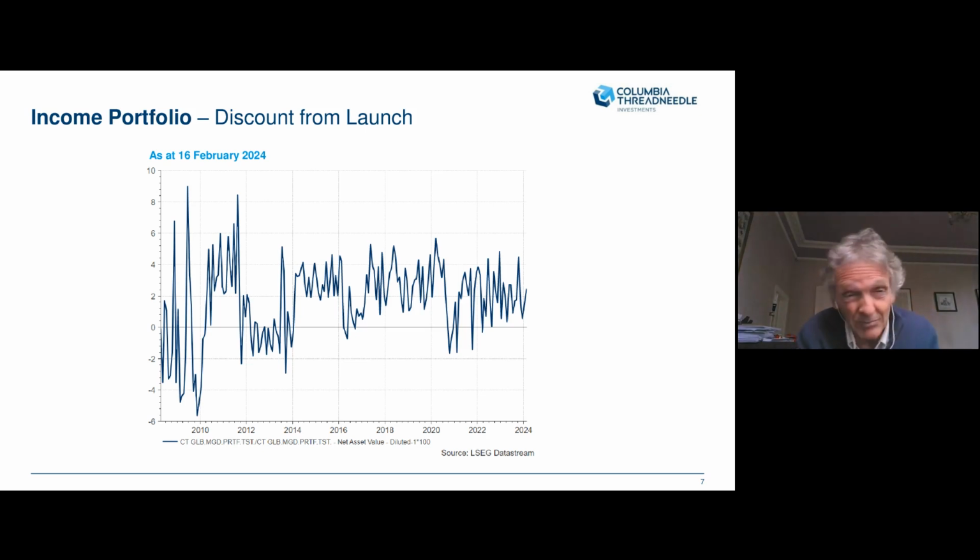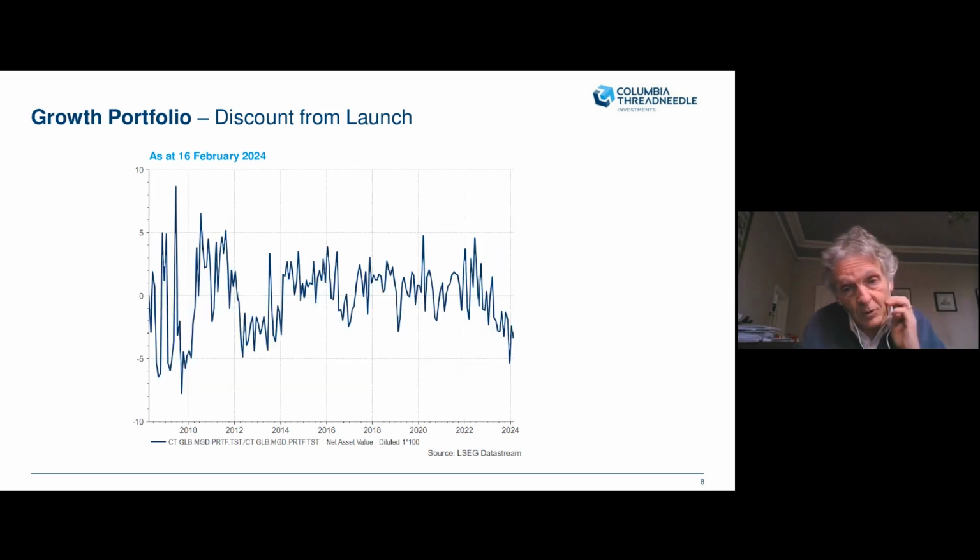Currently, it's on a premium of roughly about 1.5 or 2%. I really don't want there to be a lot of volatility. Neither do I want there to be a discount on a discount. So that's why you will see both share prices kept quite close to asset value.